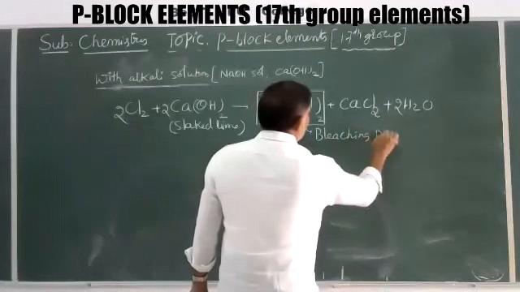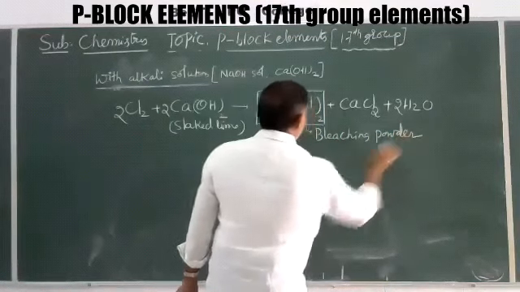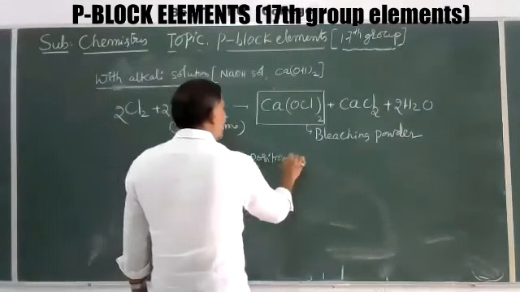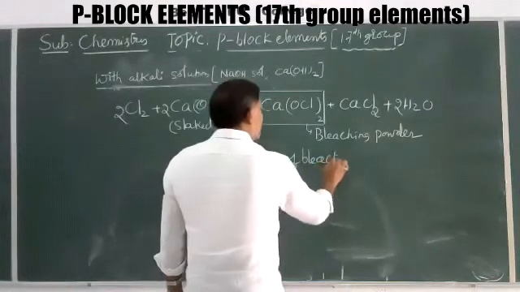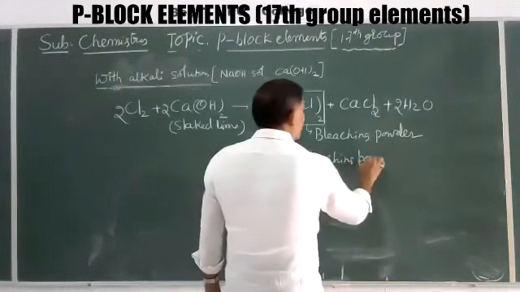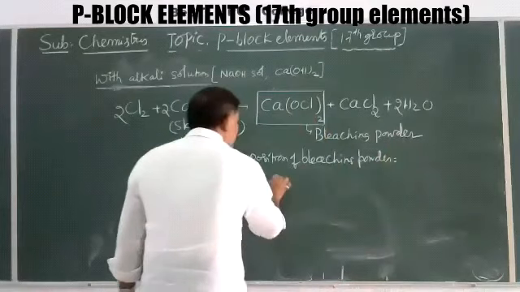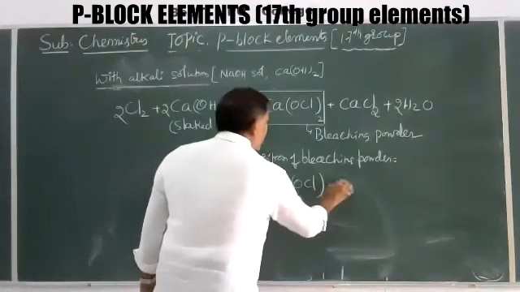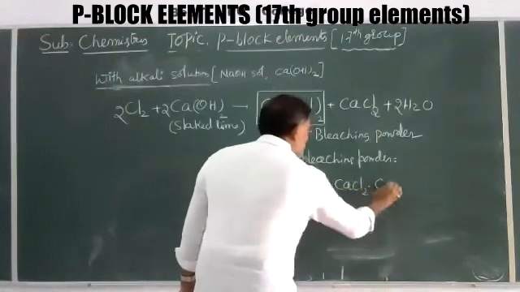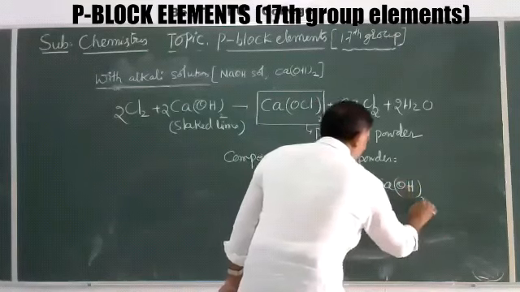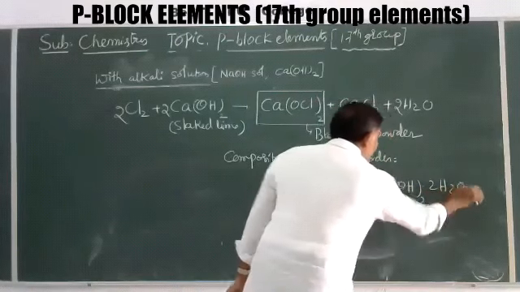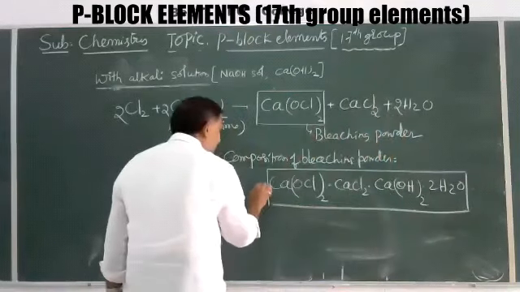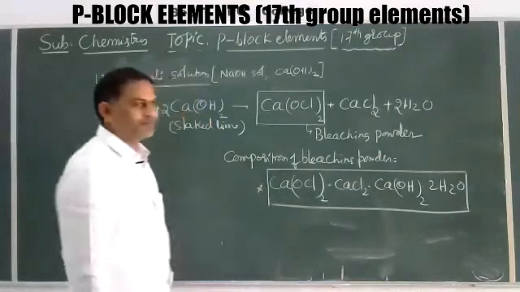But the original composition of bleaching powder is CaOCl2, CaCl2, Ca(OH)2, 2H2O. This is the composition of bleaching powder. If they ask in objective or theory, you better remember this composition.